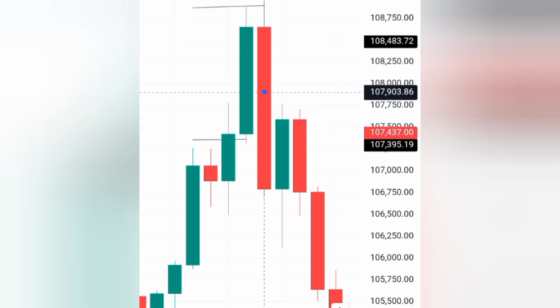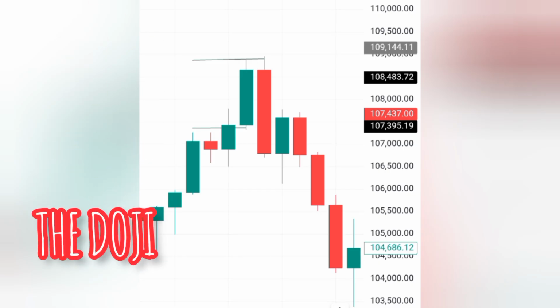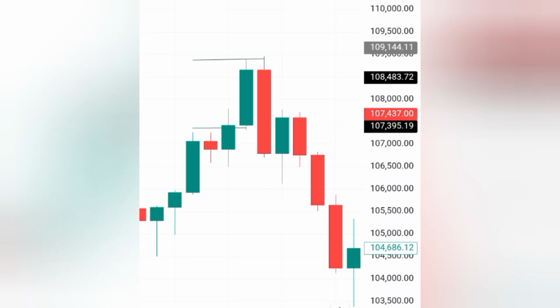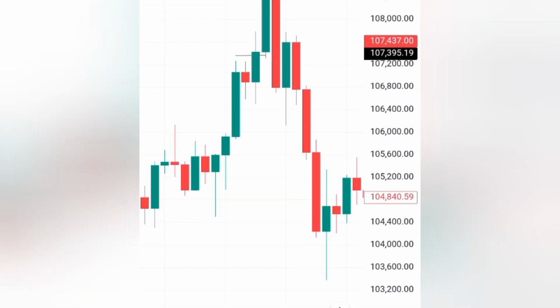So let's see pattern number 3, that is the Doji. Finally, the Doji looks like a plus sign. It has a very small body and long wicks, which means indecision.